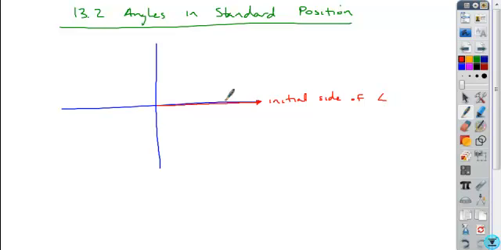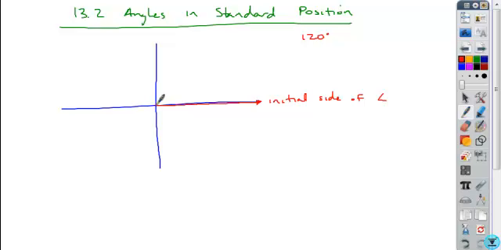So again, the blue represents a coordinate plane. If I ask you to label an angle of 120 degrees, when you write an angle in standard position, you're always going to begin with the positive x-axis as your initial side, and you're going to rotate in a counterclockwise direction.